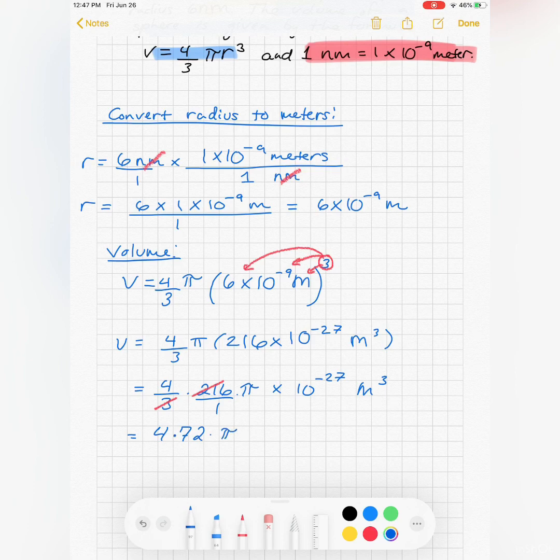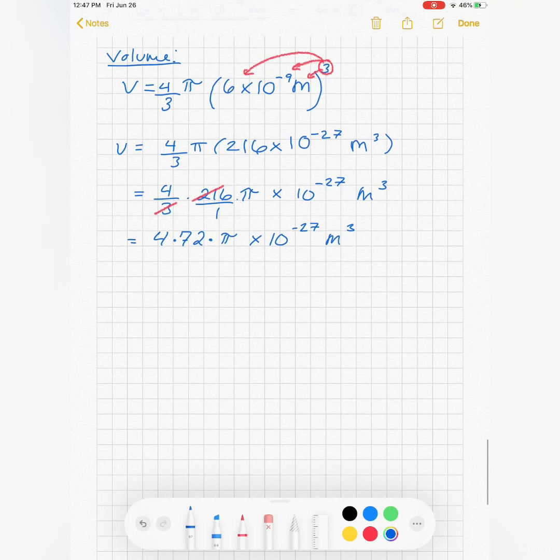So 4 times 72 times pi times 10 to the negative 27th cubic meters. 288 pi times 10 to the negative 27th.